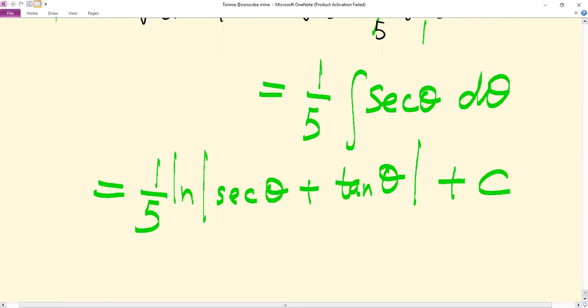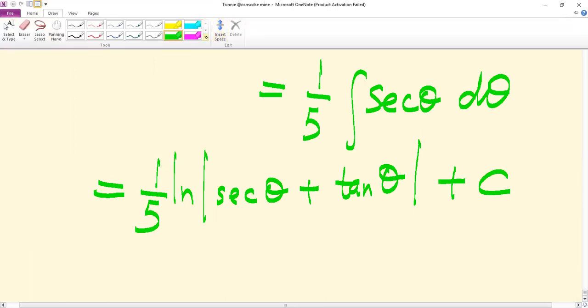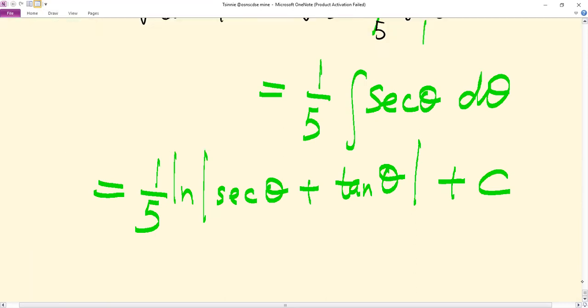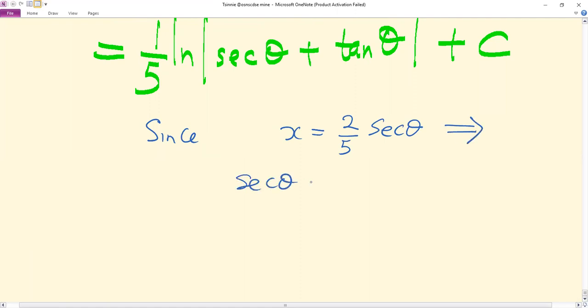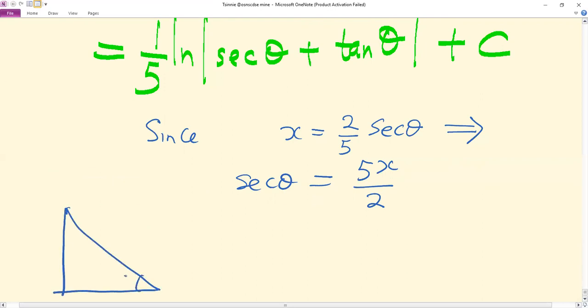But you don't stop here. Remember, theta is our own creation, so go from the definition. Since x is given by 2 over 5 sec theta, in the same language sec theta equals 5x over 2. Now you draw a right-angled triangle. Name this angle theta, and this is 90 degrees.